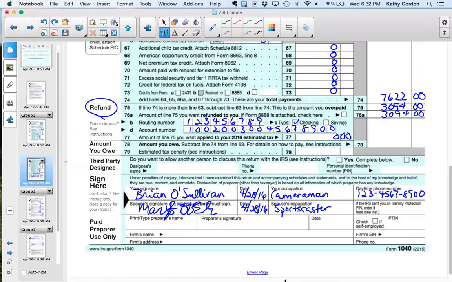Okay? So it certainly takes a bit longer to fill out a 1040 because there's a lot more to take into consideration. But if you are someone who has all of those things to take into consideration, you want to be able to make the most of it. And so the 1040 form with the schedules is the way to go. So hopefully that compared to what you had. If it didn't, I hope you understand where you need to make the changes on your own form.